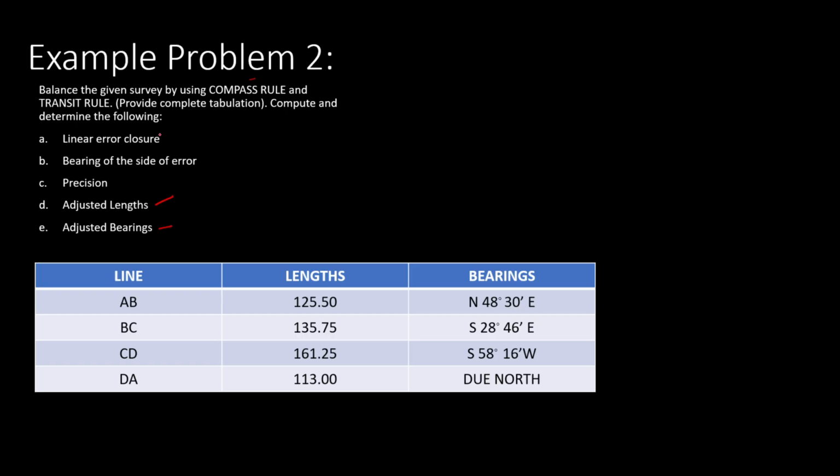So ito, kunin natin itong ABC natin: linear error of closure, bearing of the side of error, and then precision. So letter A, yung length natin is equal to yung square root ng summation ng latitude squared plus summation ng depth squared. Ano ba yung summation nila?